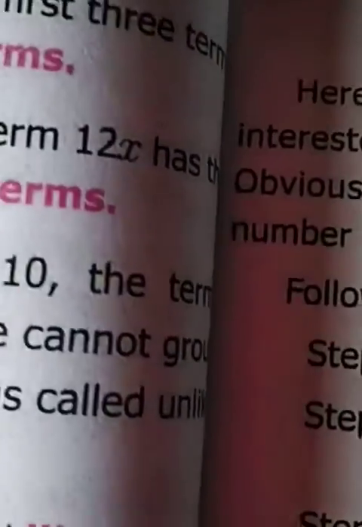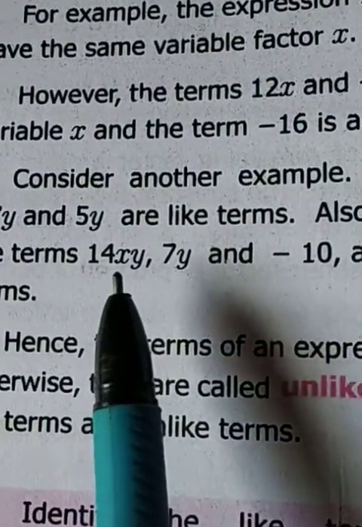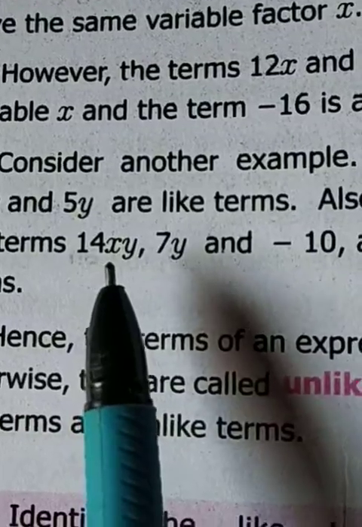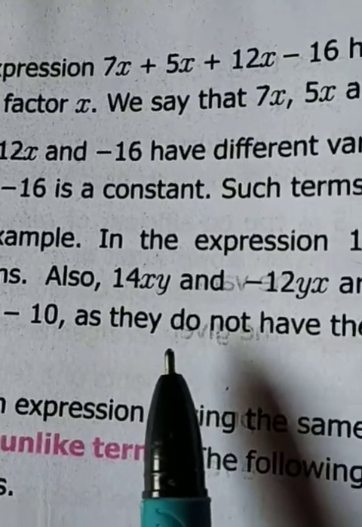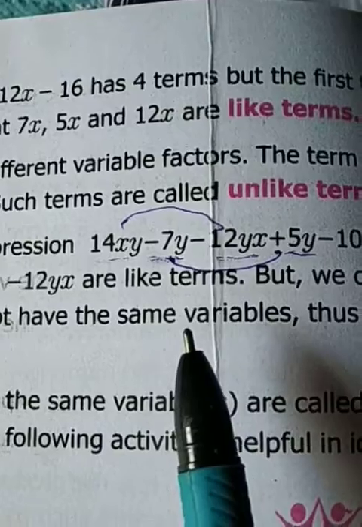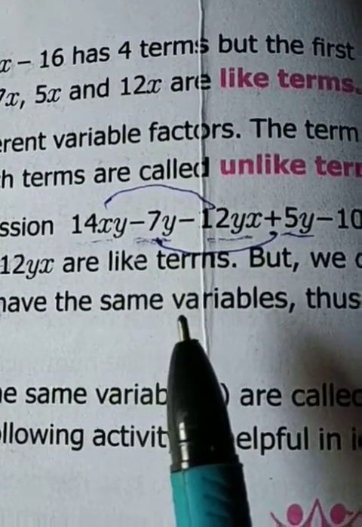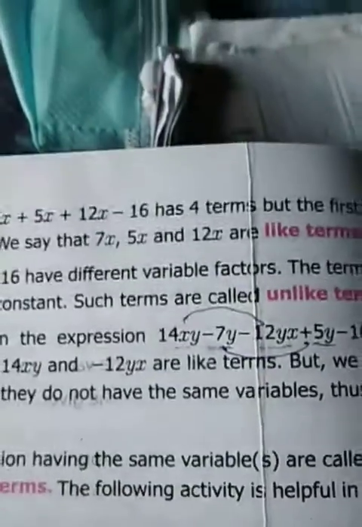But we cannot group 14xy, 7y and minus 10 as a single group because they are all different. They all have different variables. So we call that an unlike term.